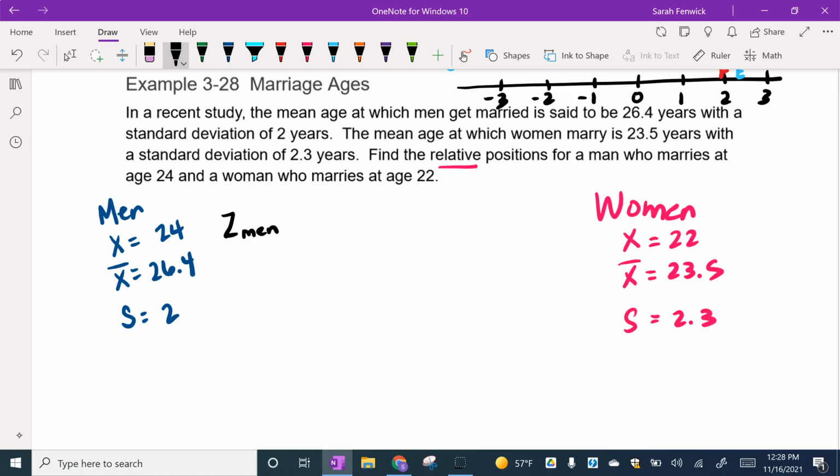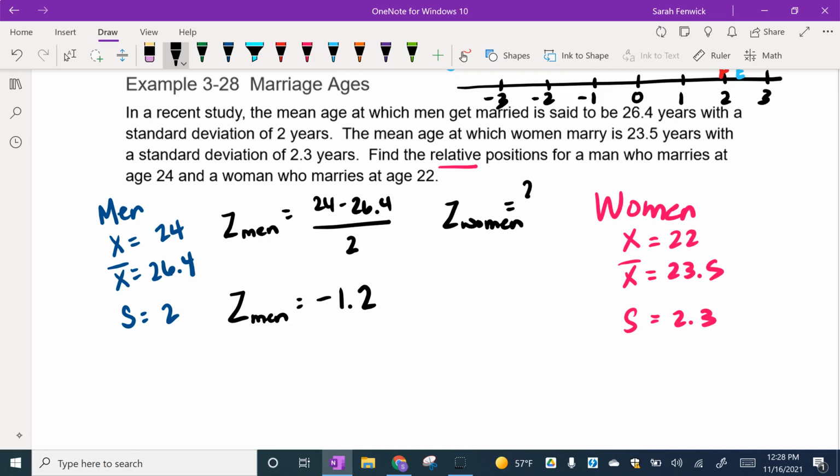Z for men is 24 minus 26.4 divided by 2, which gave me negative 1.2. And the z-score for the women was 22 minus 23.5 divided by 2.3. I'm filling in the formula. And my z-score for women was negative 0.65.